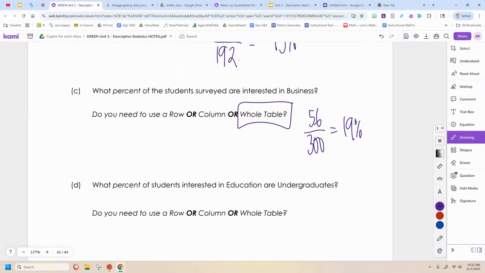Well, that's going to be 18 out of 57. So does everybody understand the reading piece? We have to read carefully to get the right stuff. Remember that some tables, like we did in the Niagara Falls one, might not have totals on them. So you might need to find totals to get your denominator.